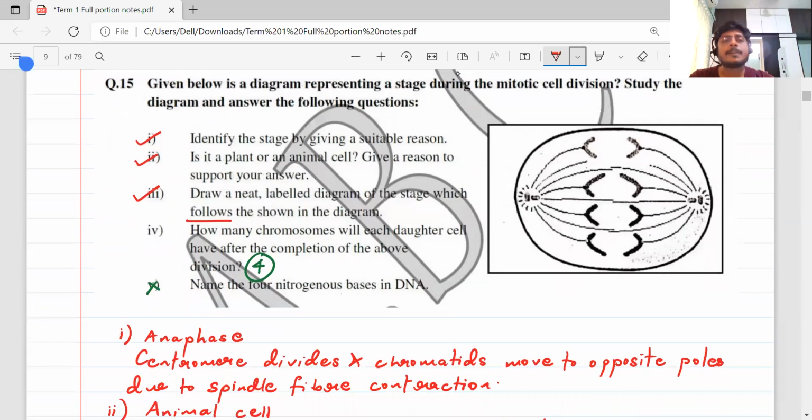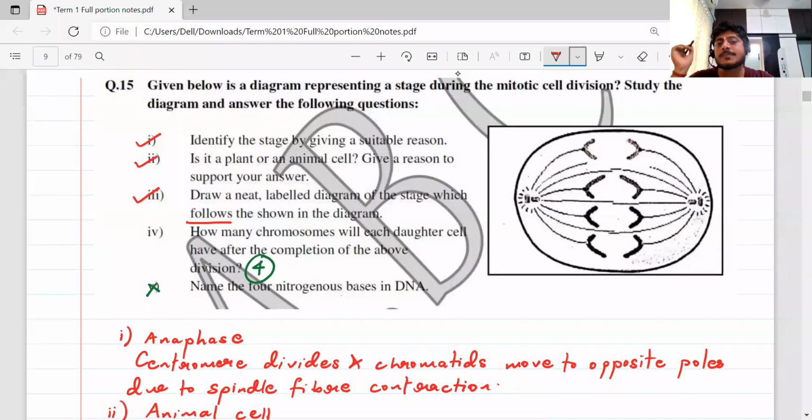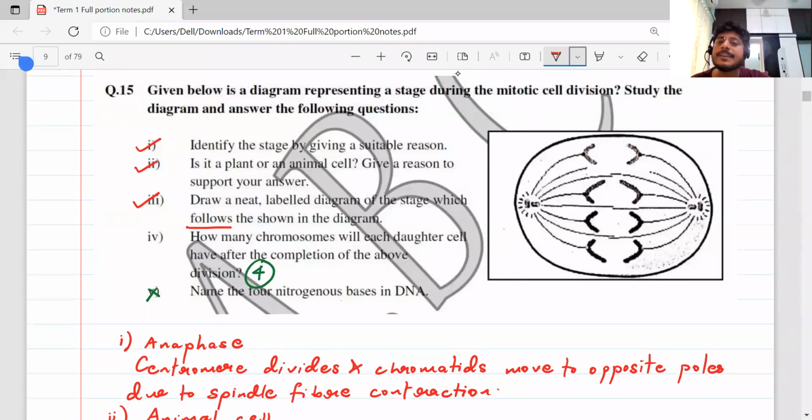Given below is a diagram. You can see this one is anaphase. It is very clearly identified because you can see the V-shaped chromosomes. If they ask you the chromosome number of this cell, here the chromosome number is 1, 2, 3, 4.